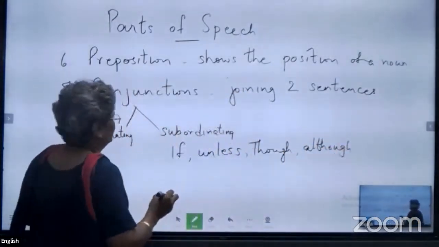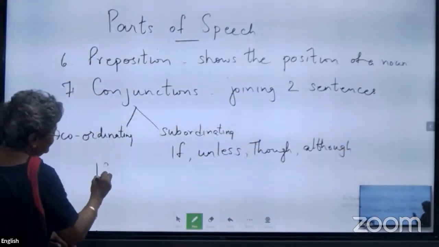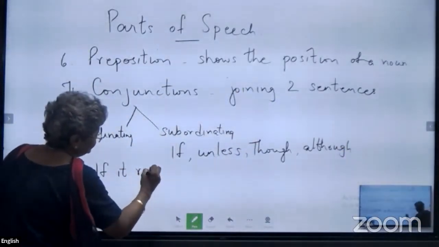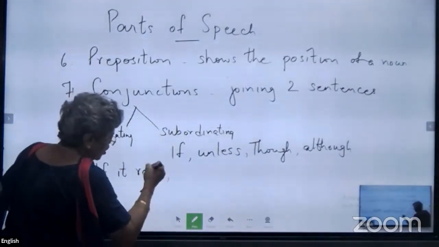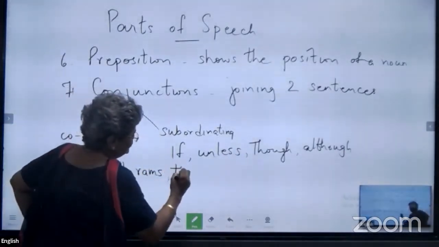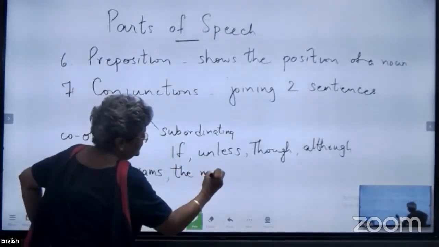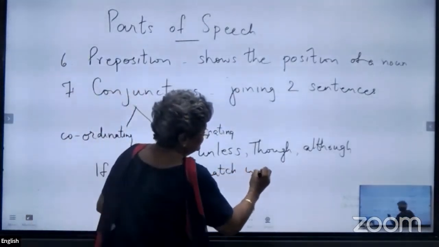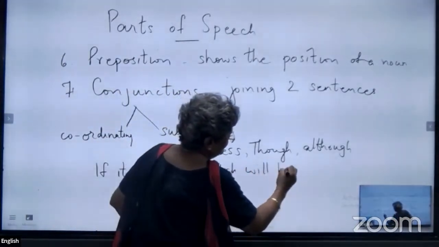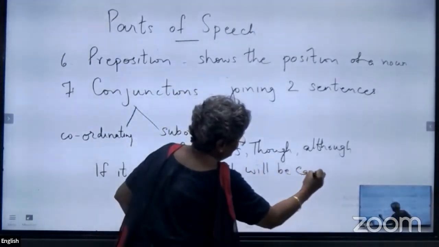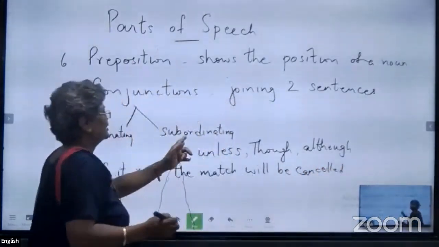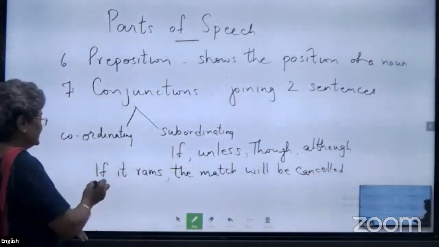Now, if it rains, comma, the match will be cancelled. A subordinating conjunction usually begins.